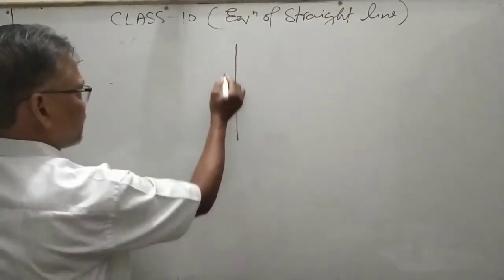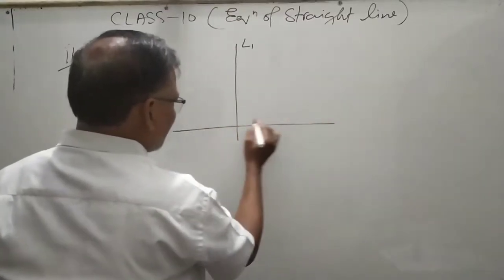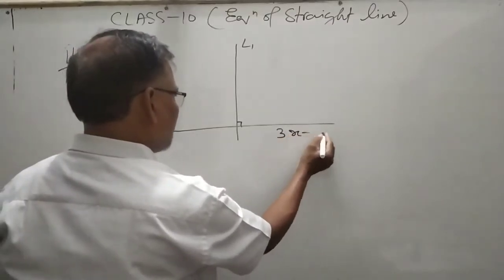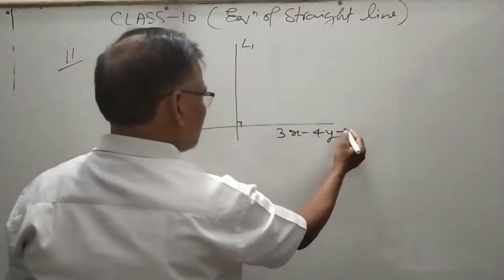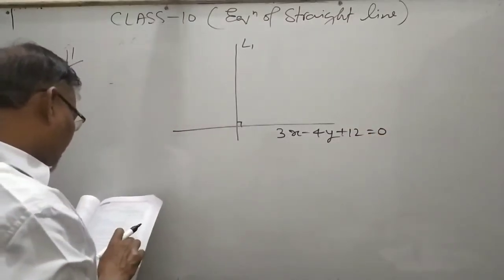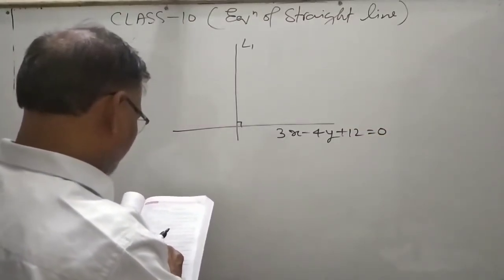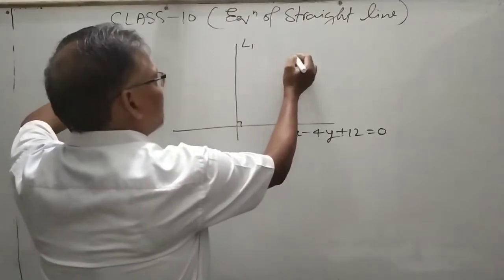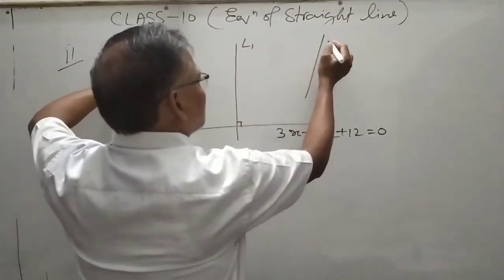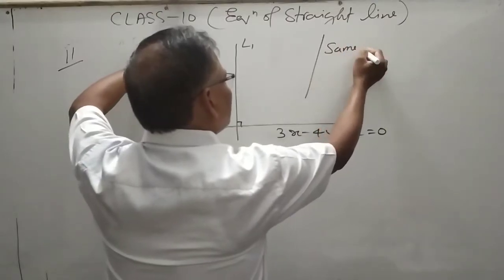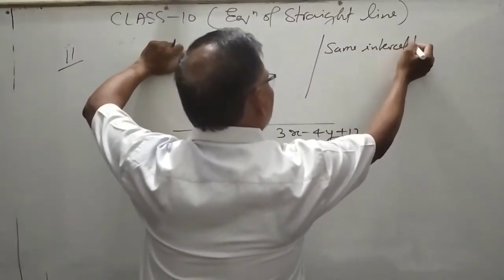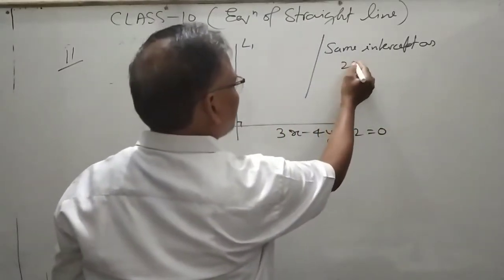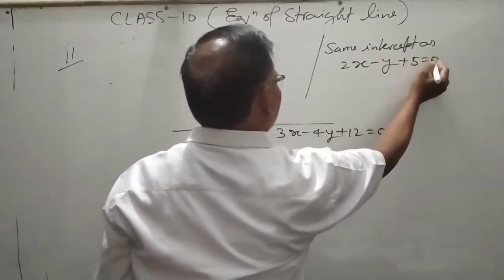You have to find the equation of this line L1, which is perpendicular to this line 3x minus 4y plus 12 is equal to 0, and having the same y intercept as the line 2x minus y plus 5 is equal to 0.